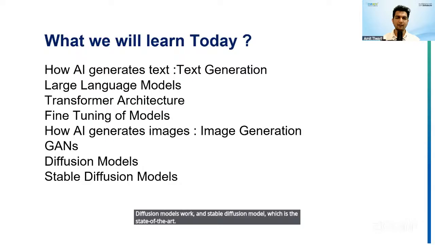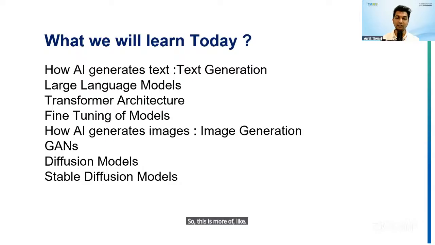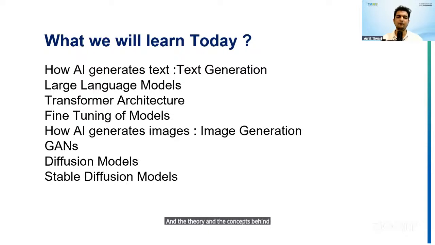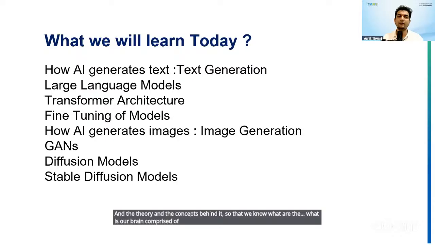This is more of an intuition class where you will understand how the large language model generates what it is generating, and the theory and concepts behind that, so that we know what our brain is comprised of, and if we want to create our own brain, how we can create that, right?